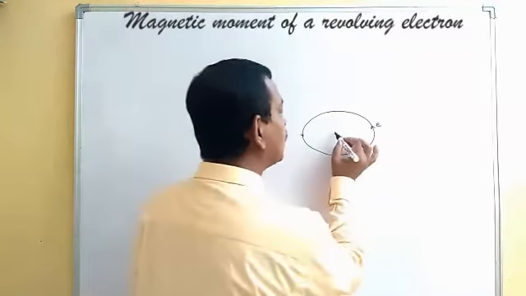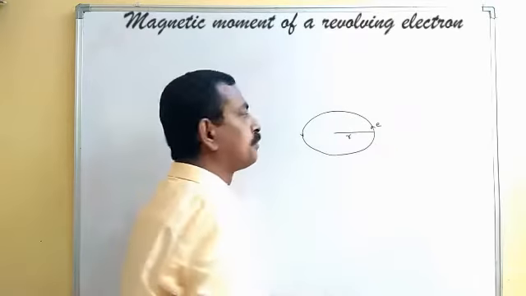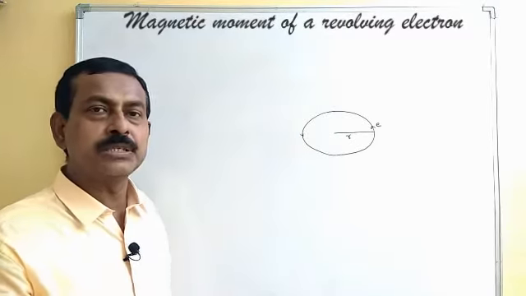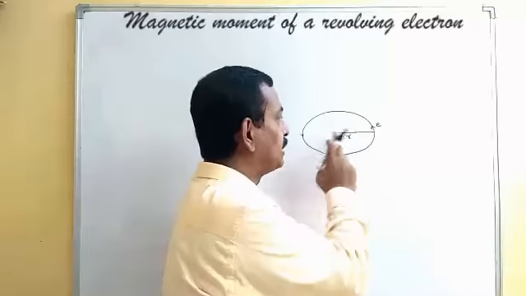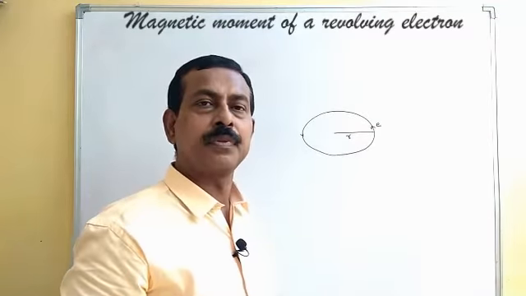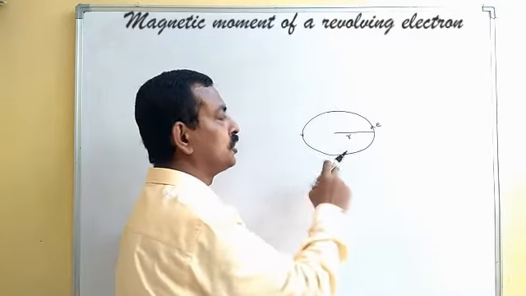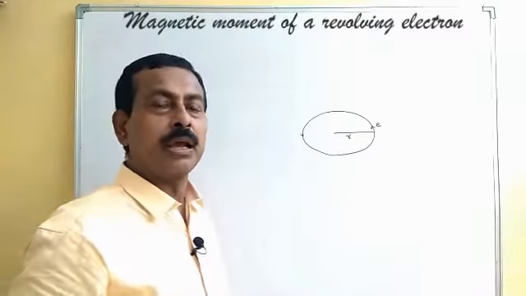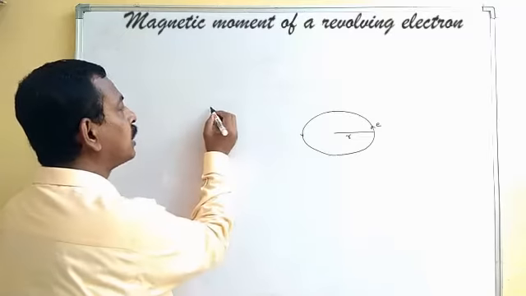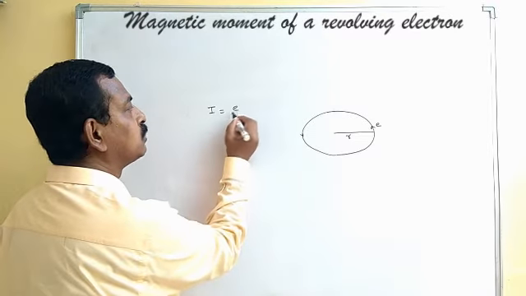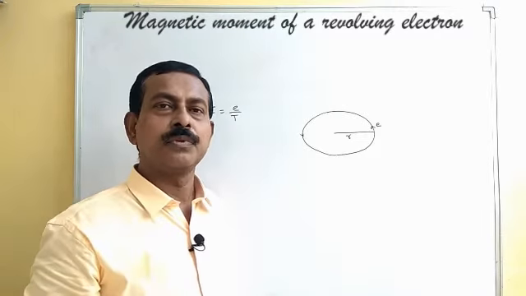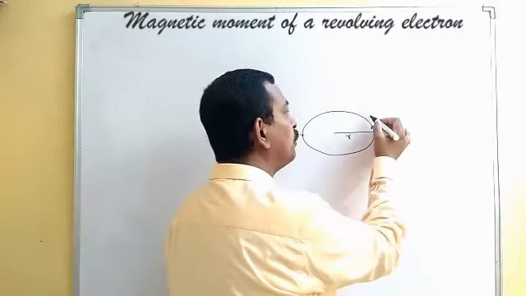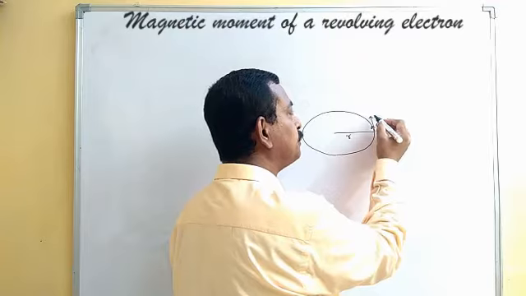And this is having a radius r. That is, the orbit of the electron has the radius r. If the electron is revolving in this direction, in that case, the current associated with this will be given by e by T. Suppose the electron is moving with the velocity v.